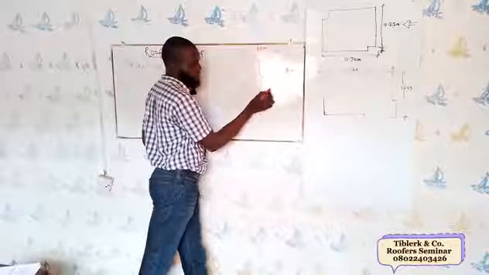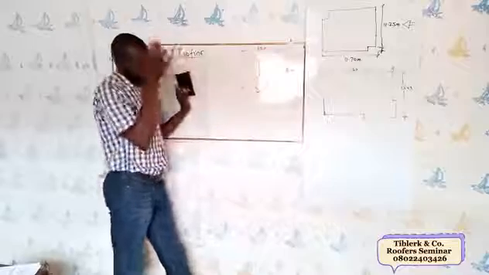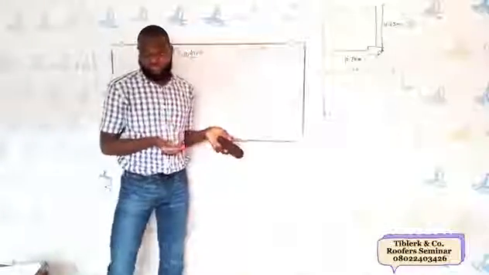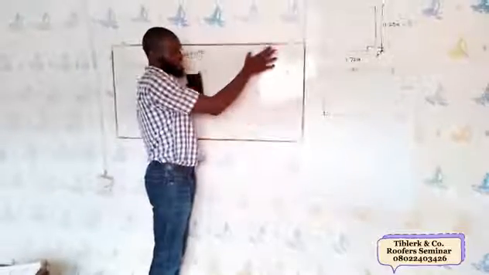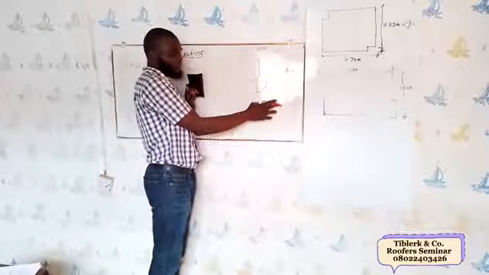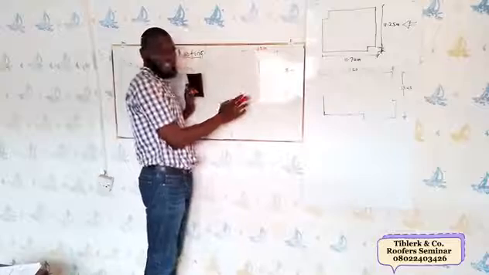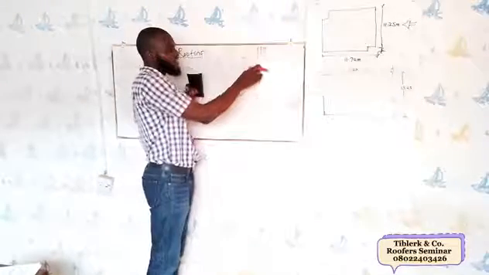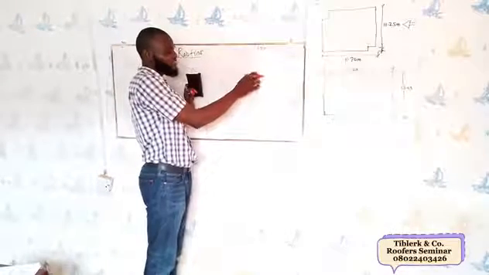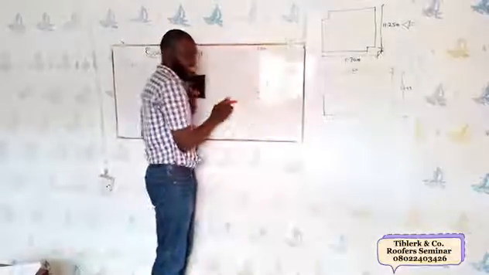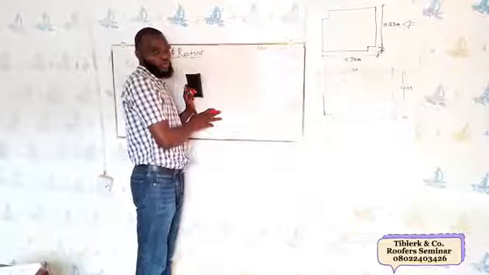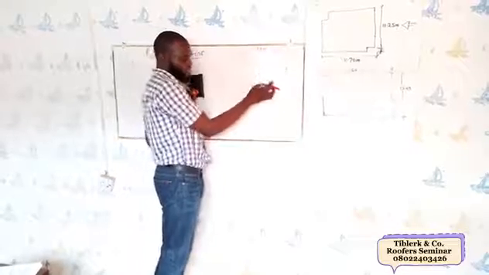What we are designing is the pitch roof. But this is a projection, this is another projection. All the projections have to be treated separately. We cannot use this here and just transfer it to this place like that. No, this must be treated separately.